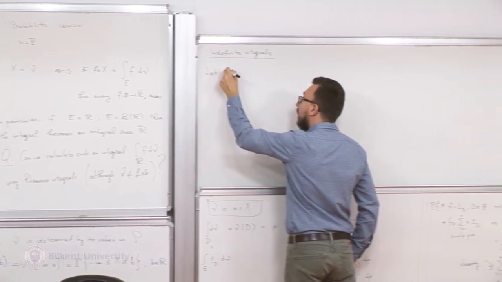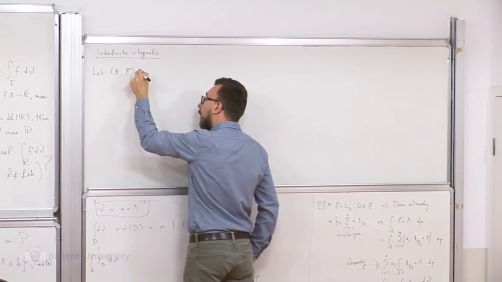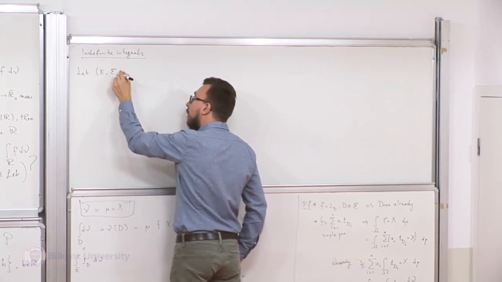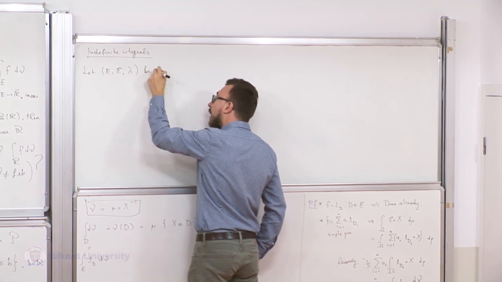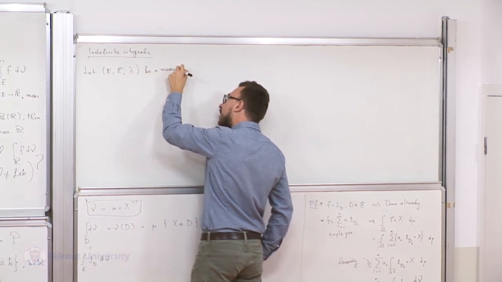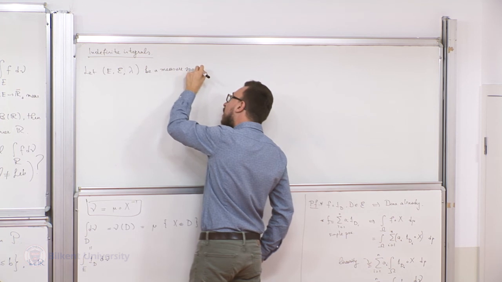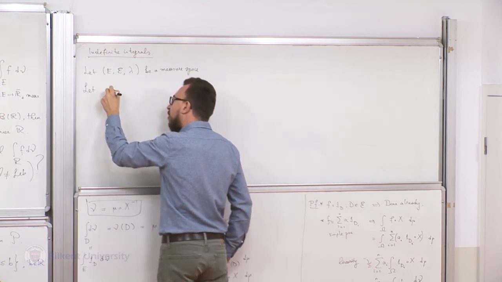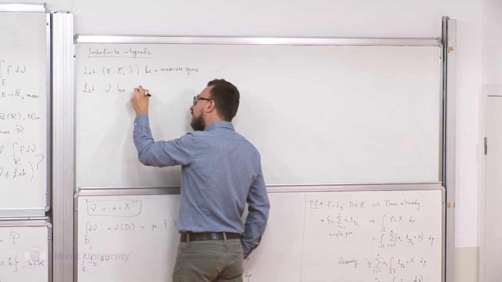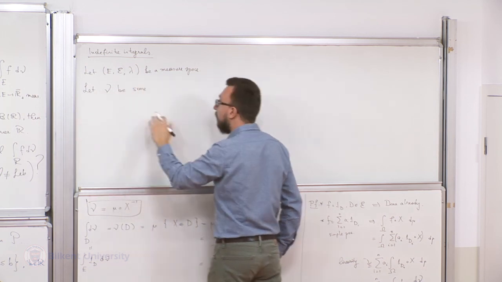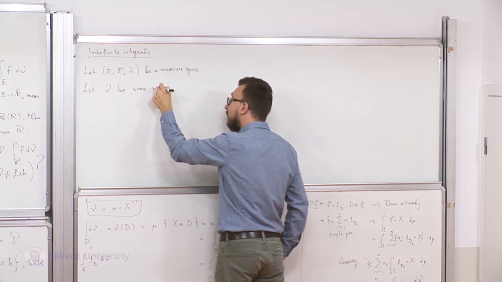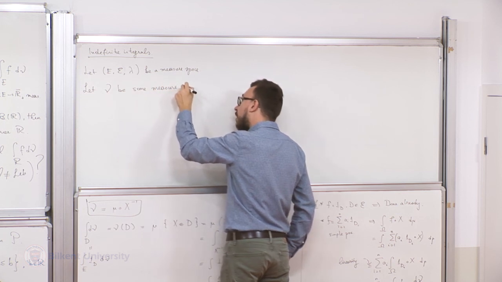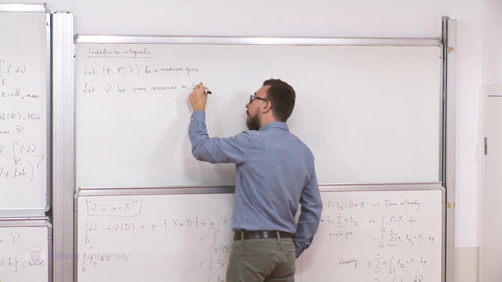So let E, lambda be a measure space. Okay? So let nu be some measure. In particular, it can be the distribution of a random variable, some measure on E.